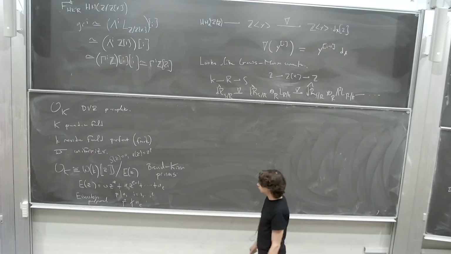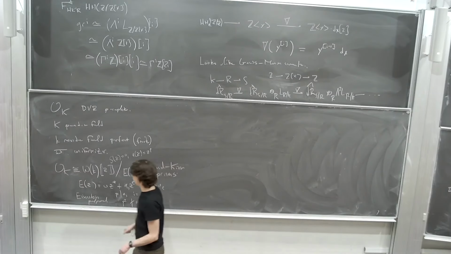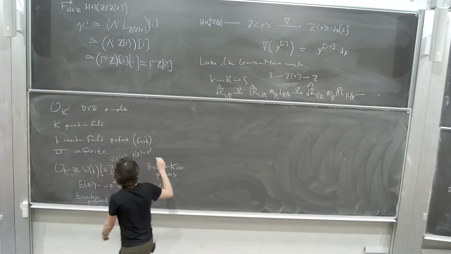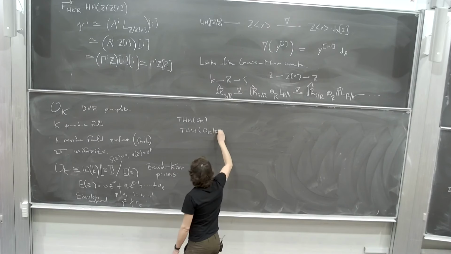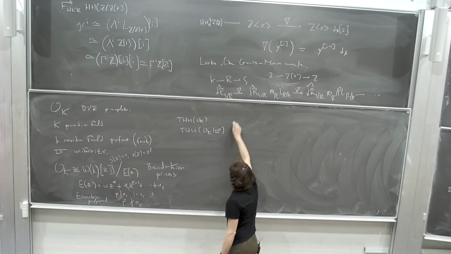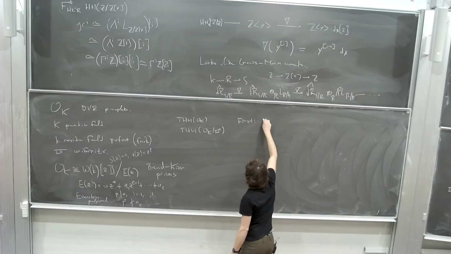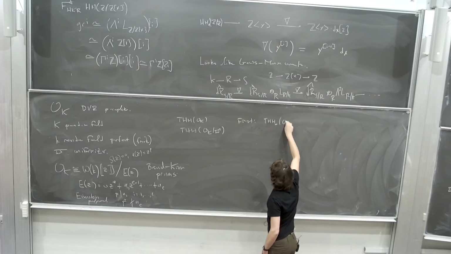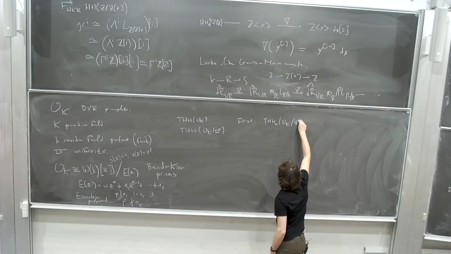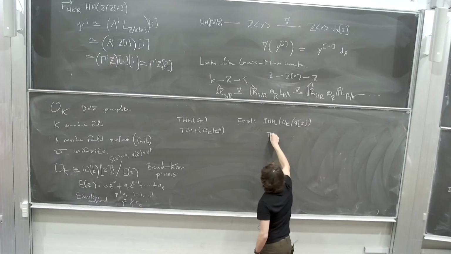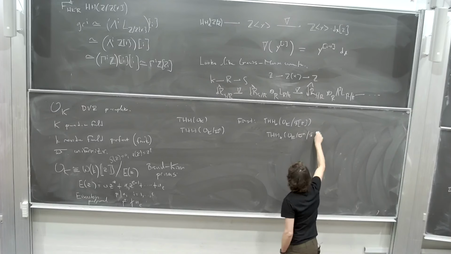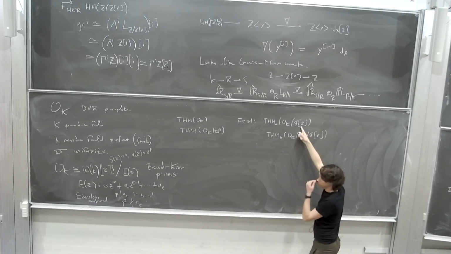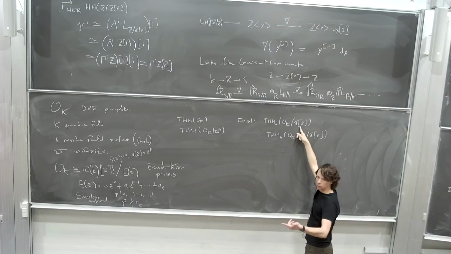Right. So now we're interested in computing the THH of O_K and the THH of O_K mod pi to the n. But first, what we're going to do is compute the THH of O_K over S adjoin Z and THH of O_K mod pi to the n over S adjoin Z. And of course, to make this live over S adjoin Z, I need to tell you where Z goes.